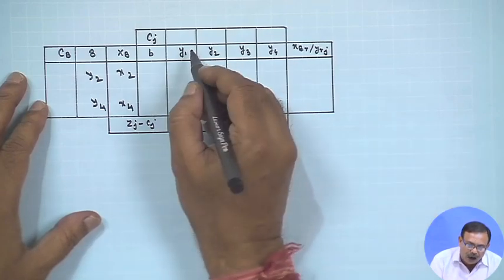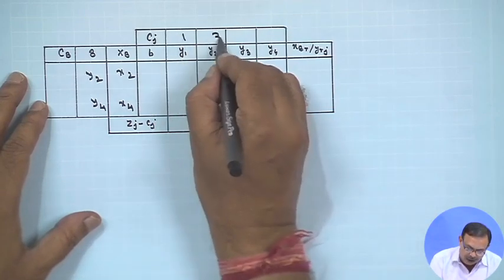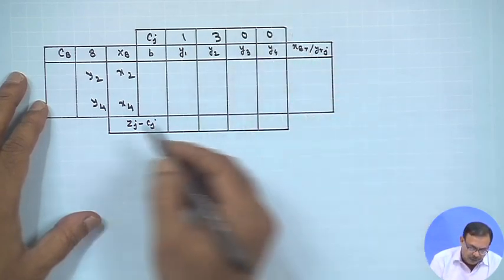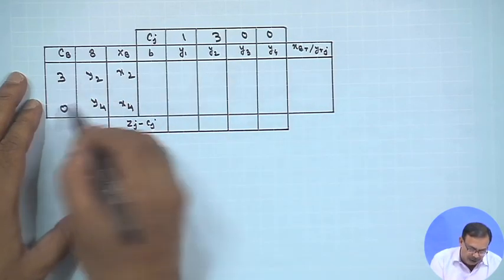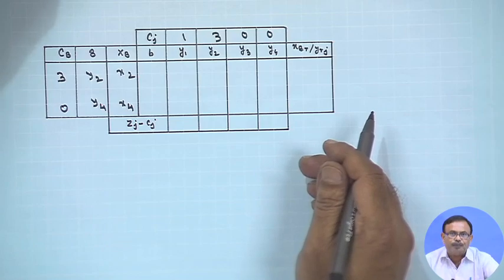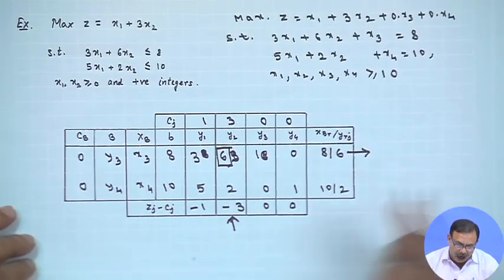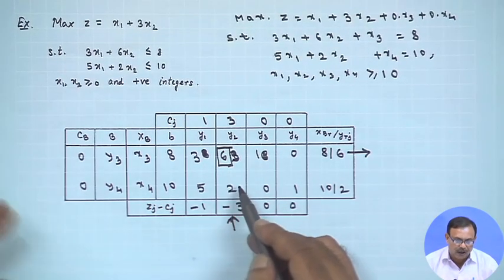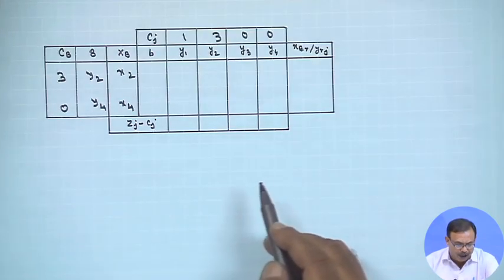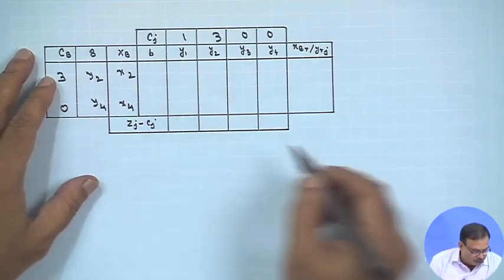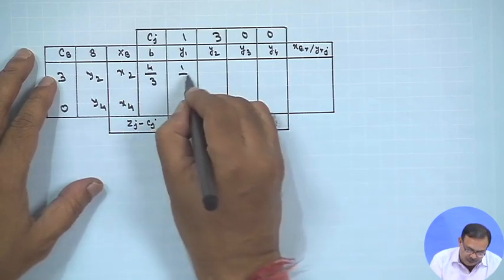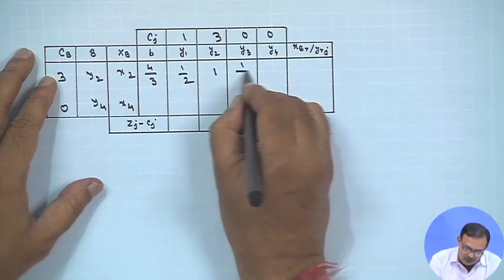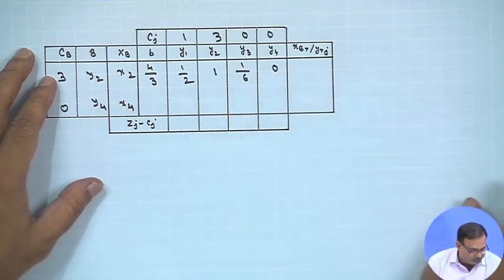The Cj values are like earlier, that is 1, 3, 0, 0, and here y2 is 3, so it is 3 and 0. Like the normal method, I have to make this element 1 and this element 0. By doing this, what we are getting is 4 by 3, half, 1, 1 by 6 and 0.